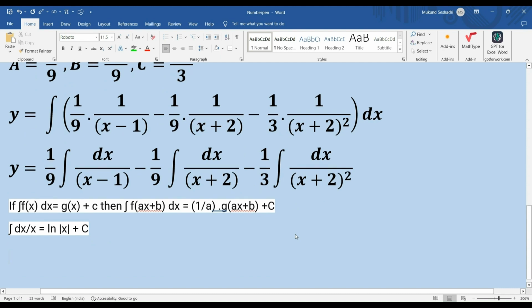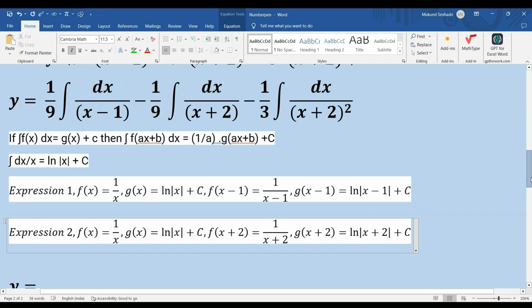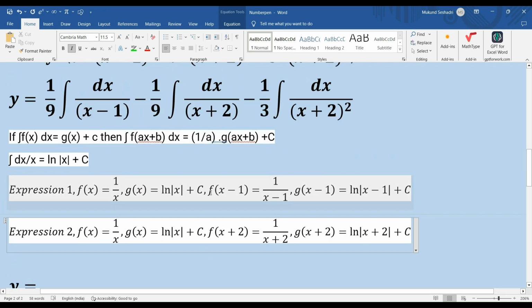So for the first and the second expressions, we're going to be applying these two rules to solve the particular integrals. So let's do that first before we jump to expression 3. I have written down my f of x, g of x, and f of ax plus b for both expression 1 and 2.